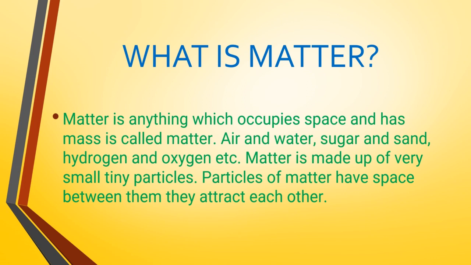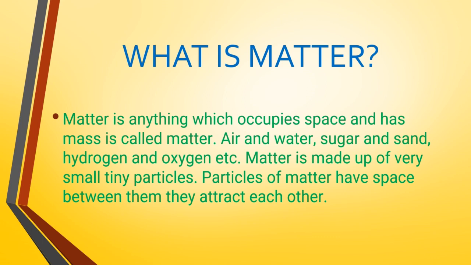So, if a substance is occupying space and has mass, we can call it matter. Even if a substance does not look like matter, it is made up of matter. Examples of matter are air and water, sugar and sand, hydrogen and oxygen.